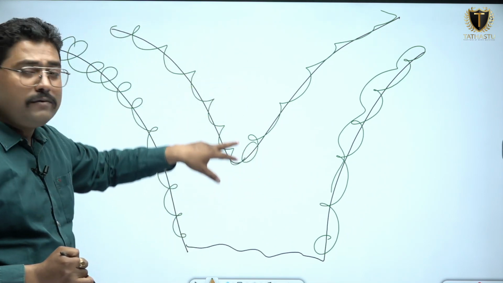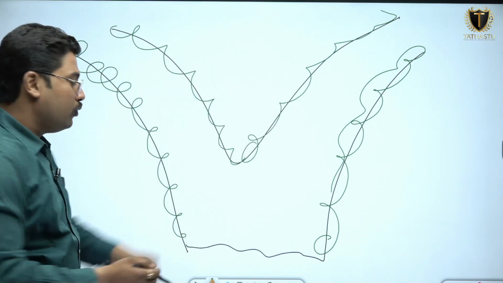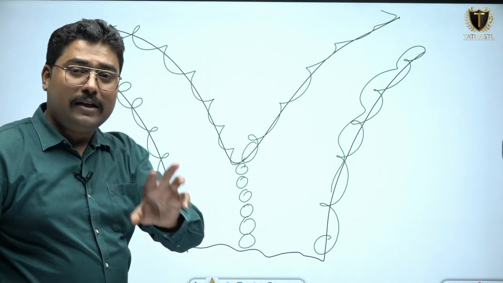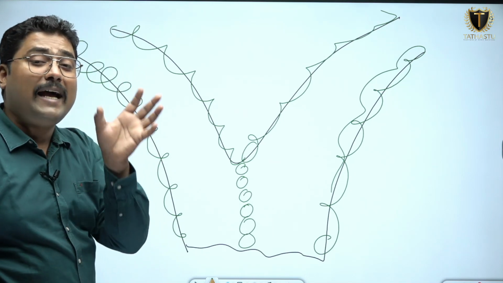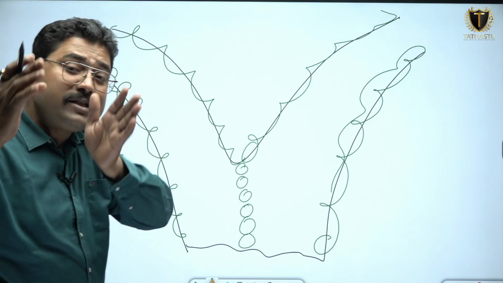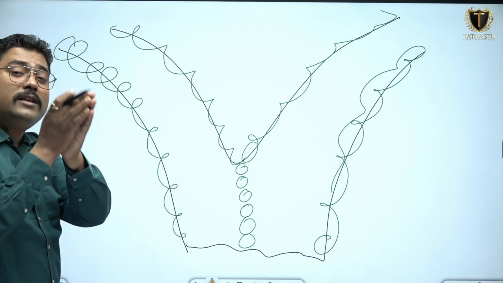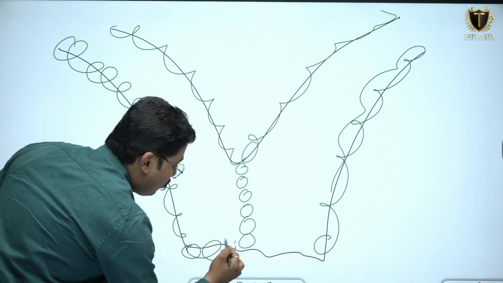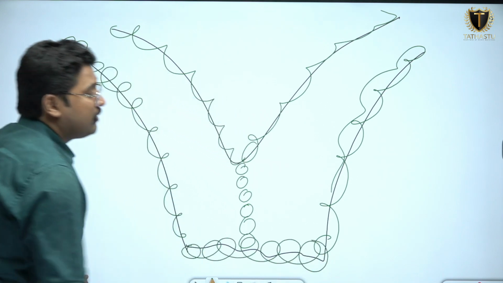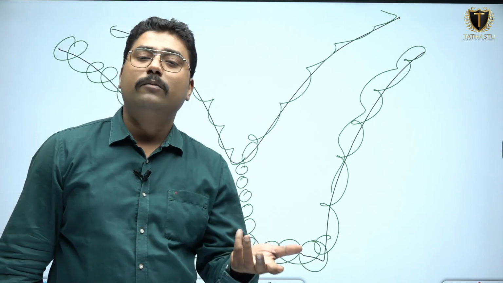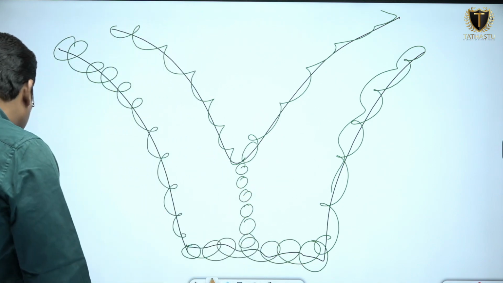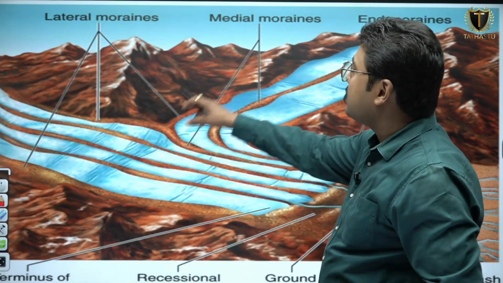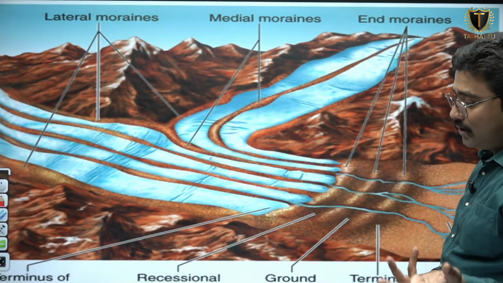Now when two glaciers meet, the laterals of these two will become the medial moraines, and at the end the small rocks which will be carried further, till the snow line, from where the ice is going to melt down and become river, there the moraines which will be deposited will be considered as the terminal moraine. I show you in the diagram also, as you can see, the lateral moraines, medial moraines, end moraines or the terminal moraines.